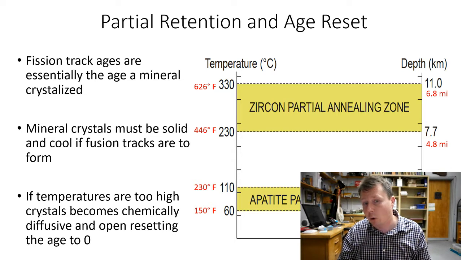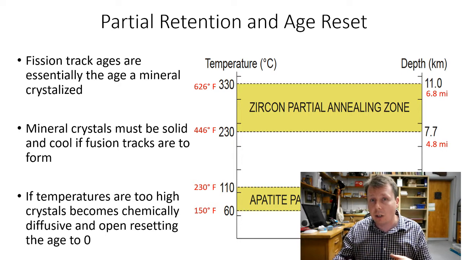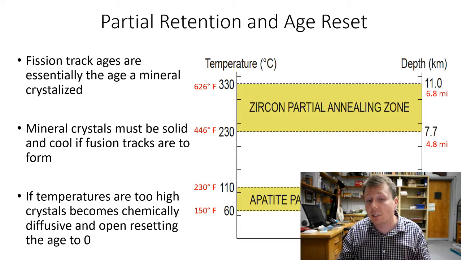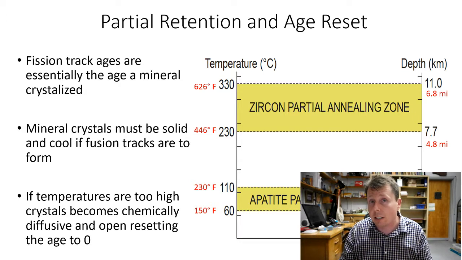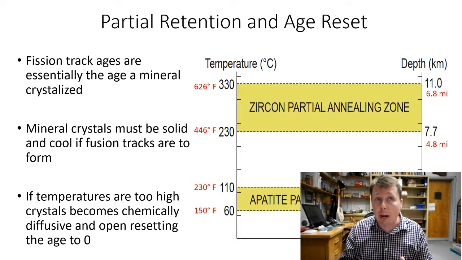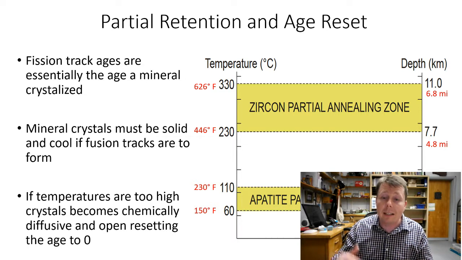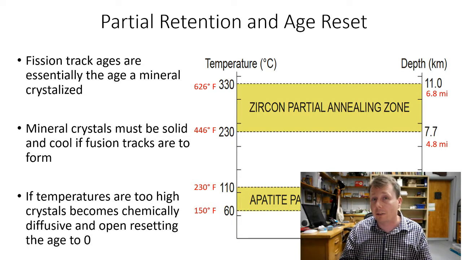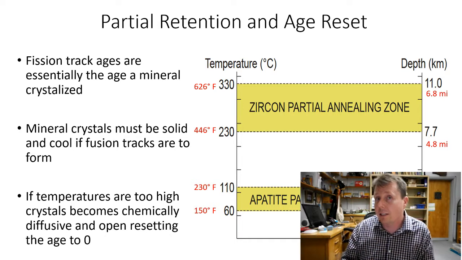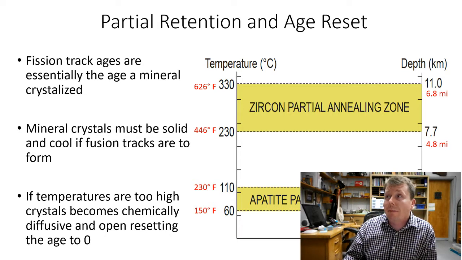Zircon is a little bit more forgiving. Zircon has this annealing zone, or this kind of partial opening zone, from 446 degrees to 626 degrees Fahrenheit. Now, that's probably closer to 446 degrees. You probably bake things in your oven at that temperature all the time, so it's a little tricky to work with, but the other end is at 626 degrees Fahrenheit, which is above what you would cook things in your oven, even on the highest temperature.